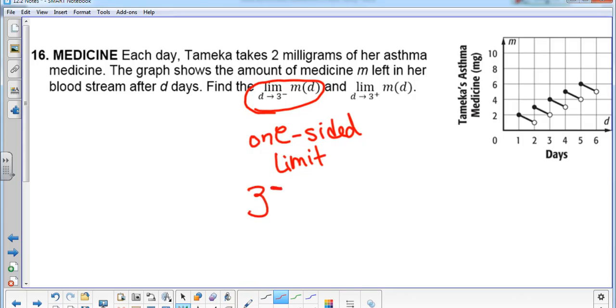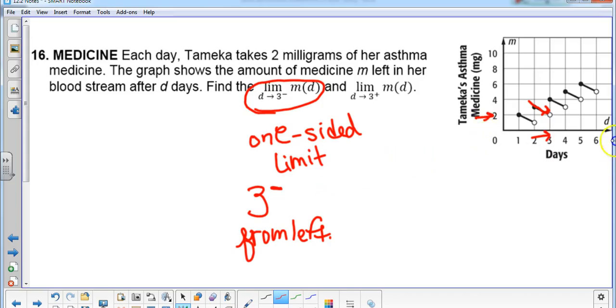It wants to know only what's happening as you get closer to 3 from the left, yes? Okay, so as I get close to 3 coming this way, which means this way on the graph, what y value am I really close to right there? To y equals 2. Does everybody see that?